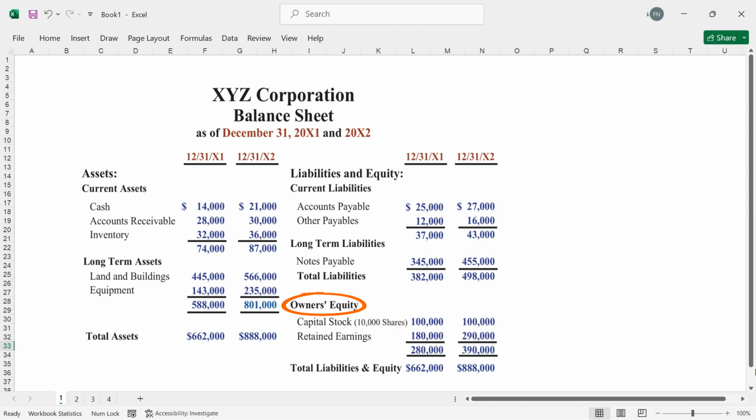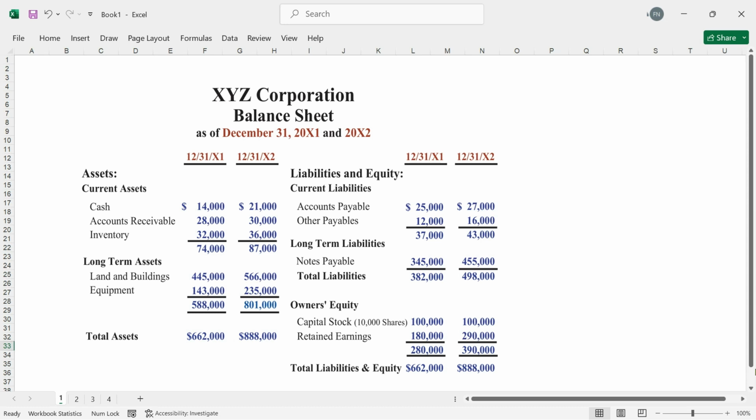Owners either provide resources to the business by making capital contributions in exchange for ownership interests, typically referred to as capital stock, or they provide resources by allowing the earnings of the business, or resources created through profitable operations, to be retained in the business. So under owner's equity, we will always see the caption of contributed capital, or capital stock, plus retained earnings, giving us a total owner's equity.